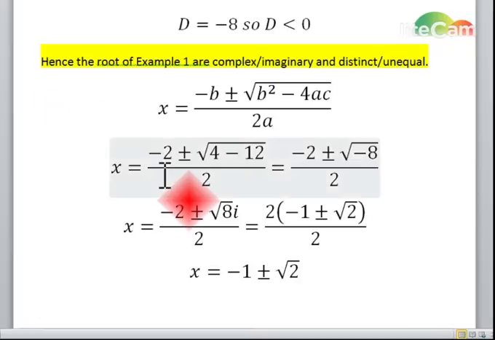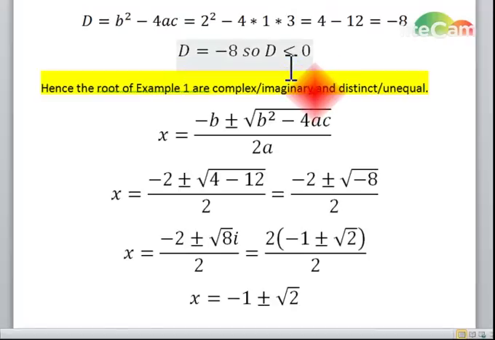So I wanted to verify the result, as I found earlier that D is less than 0, which is minus 8, and the roots will be complex, imaginary, distinct and unequal.